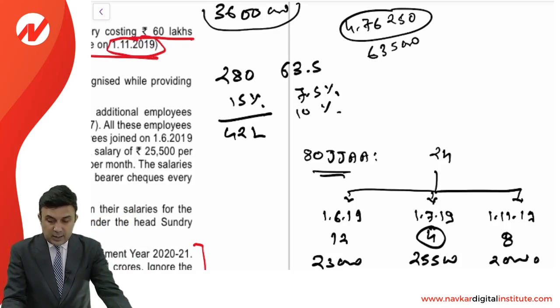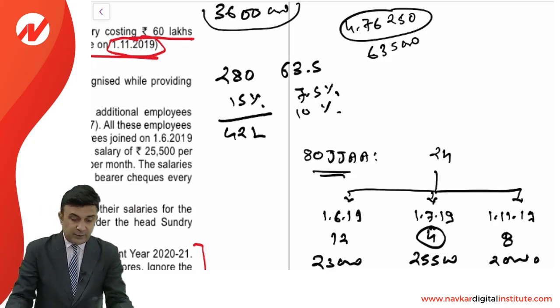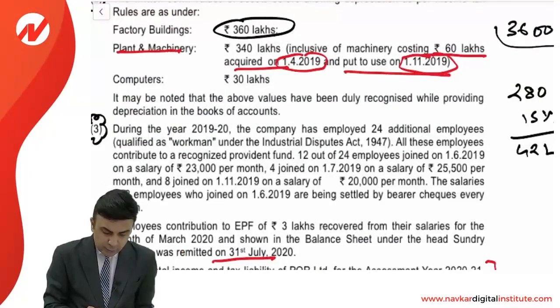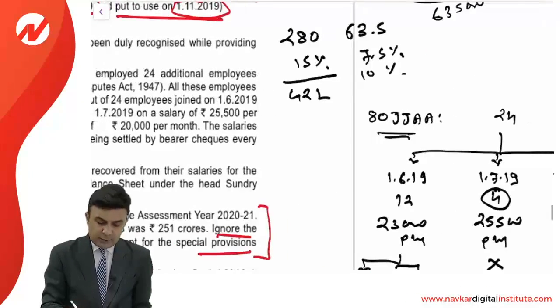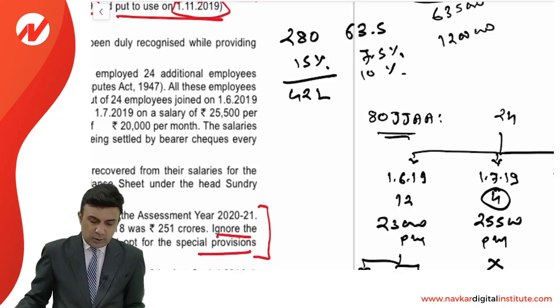And last but not the least is, friends, can I say I have another two assets, computer. Computer will be able to get depreciation 30 lakh at the rate of 40%. So this would be giving me 12 lakh directly would be my depreciation on the computer.